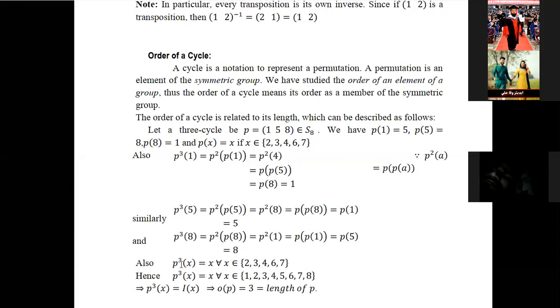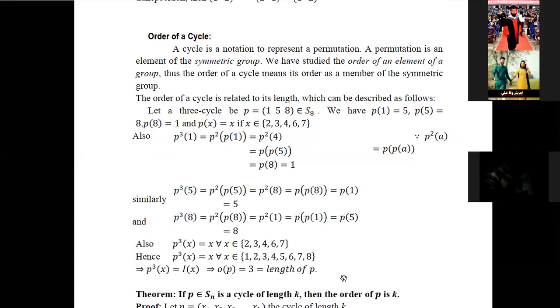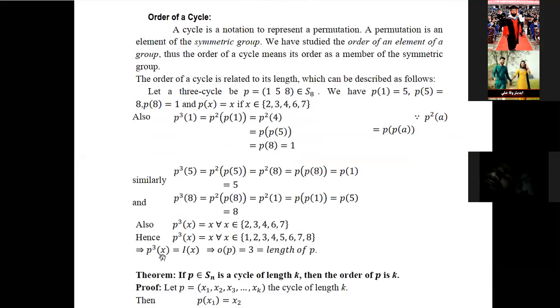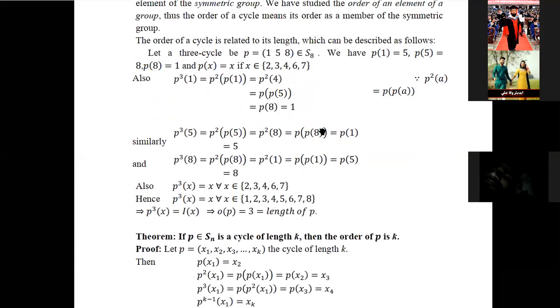Now also p cubed of x is x for all x belonging to 1, 2, 3, 4, 5, 6, 7, 8, so p cubed of x is the identity of x. The order of p is 3, and the length of p is 3.